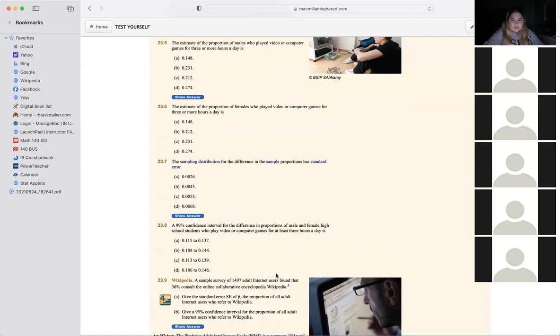Anyways, give the standard error of p hat, the proportion of all adult internet users who refer to Wikipedia. Yeah, 36%.